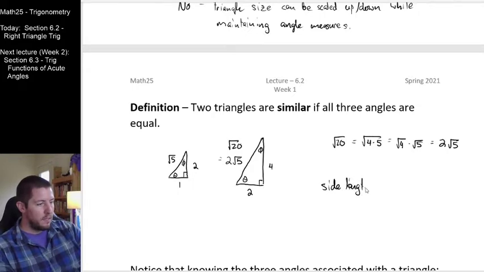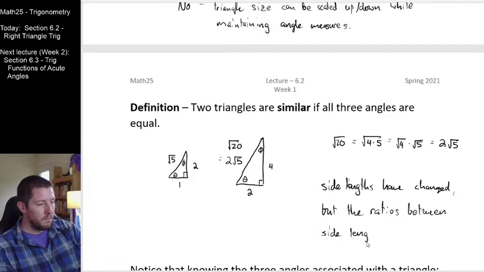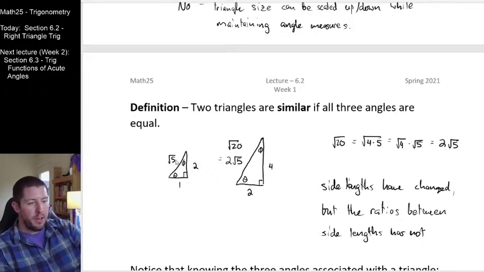So side lengths have changed, but the ratios between side lengths has not. Right? And again, I could do math over here like the hypotenuse divided by the vertical leg.